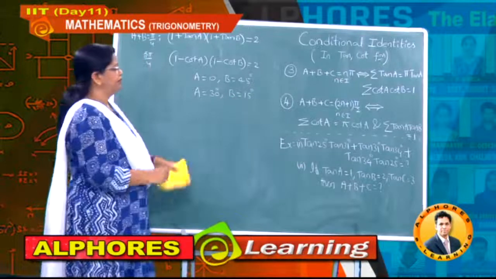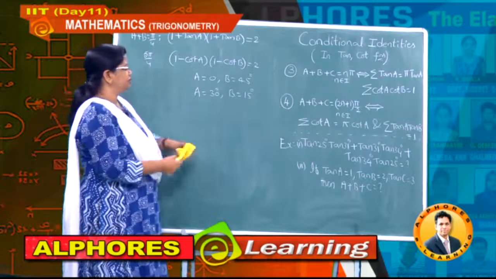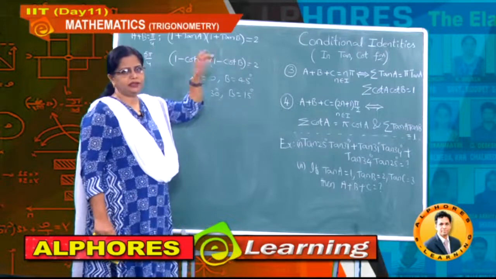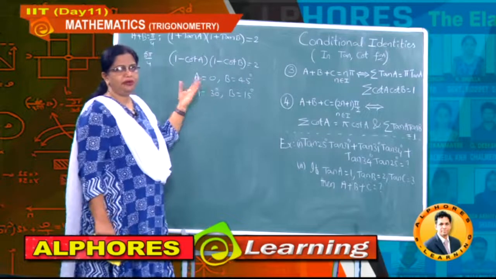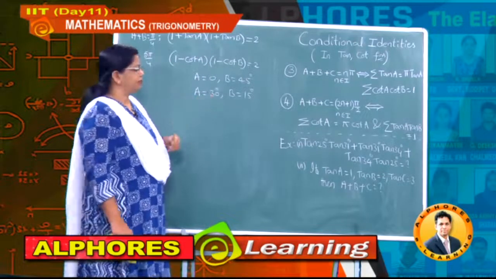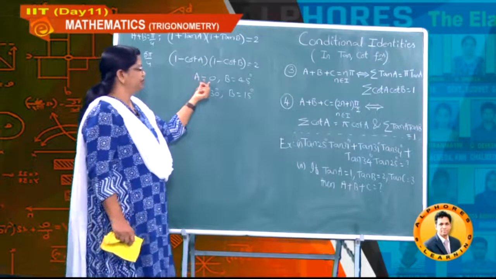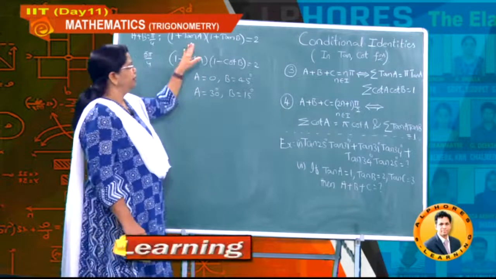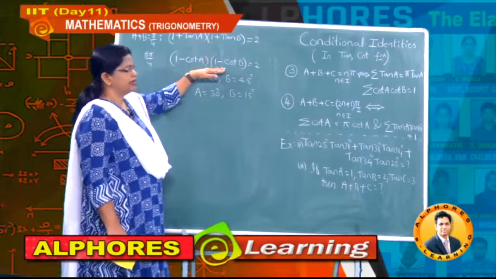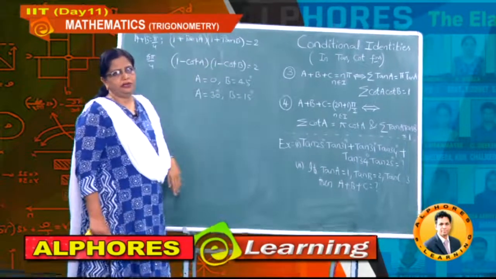Whenever you take any substitution values to obtain the answer, you must be aware of undefined values. With the tan function, A as 0 and B as 45 gives no problem, whereas here you are going to get undefined values.